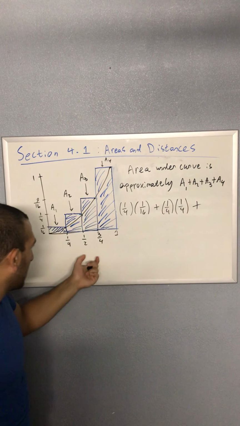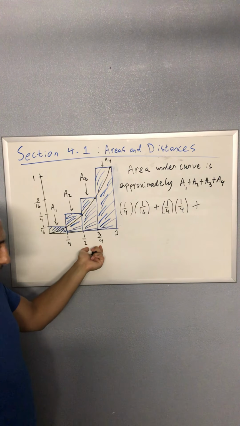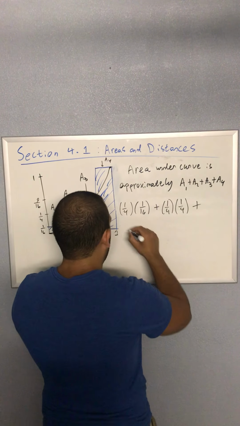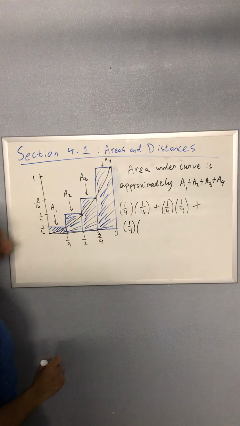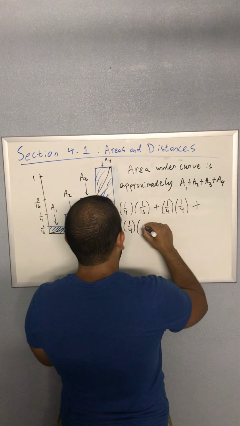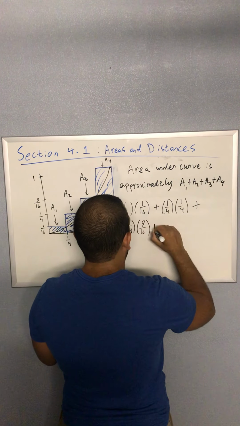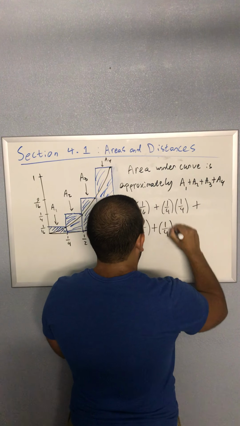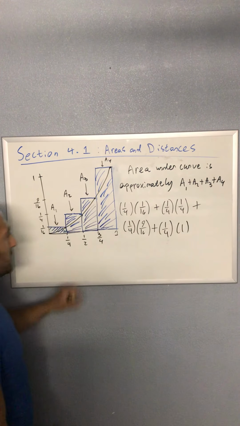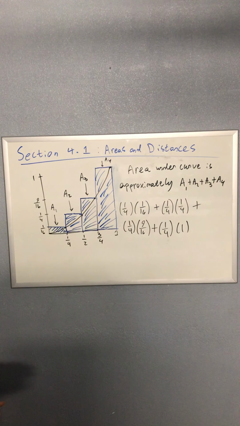Plus A3. So again, this is always another 1/4, and this time it's 9/16. And then last but not least, we have 1/4 times 1, which is the height of this one.